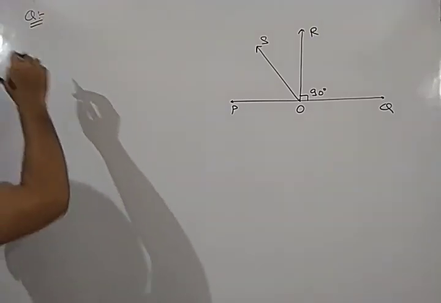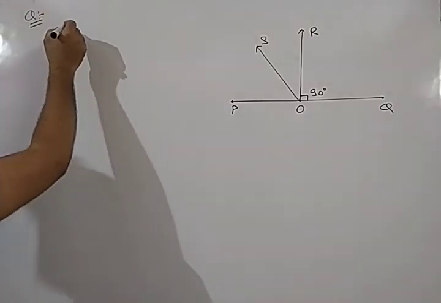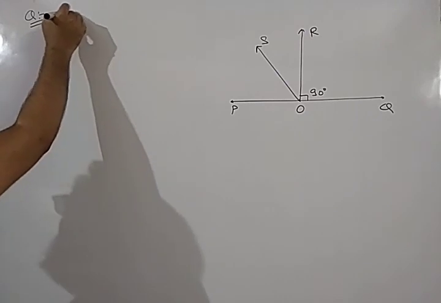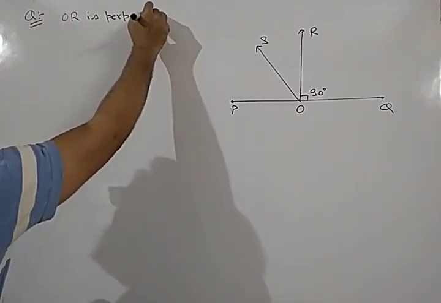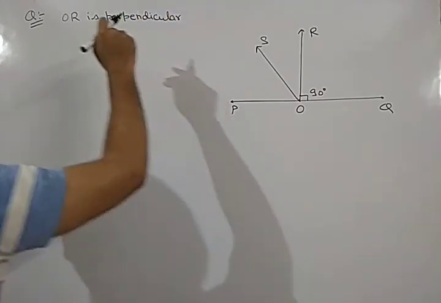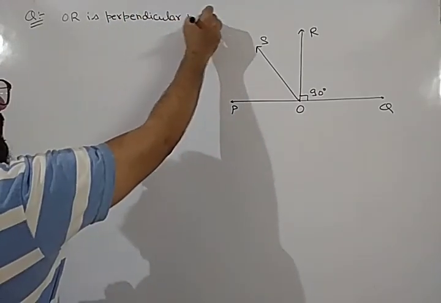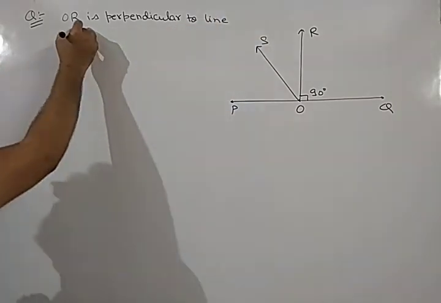What is the question? It is given in the question. OR is perpendicular to line PQ.